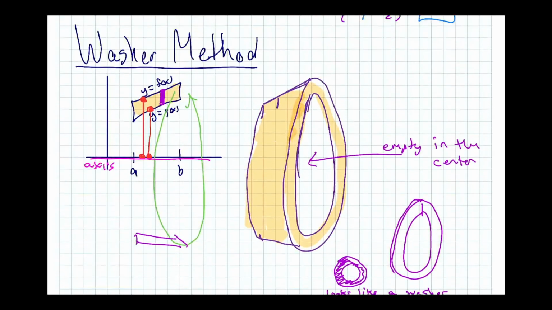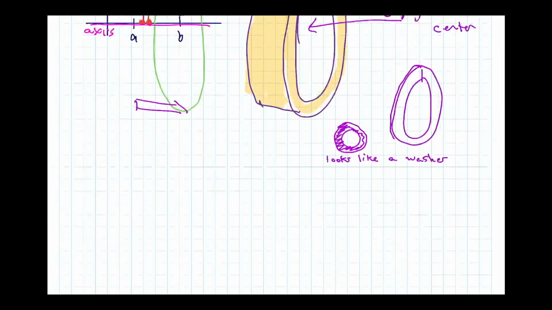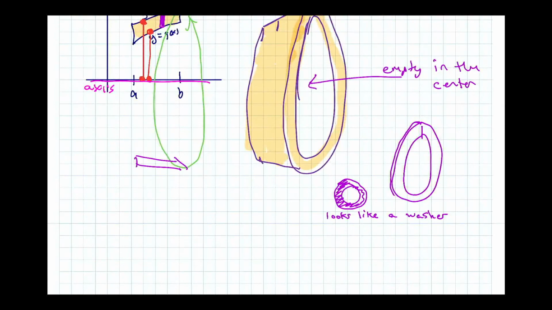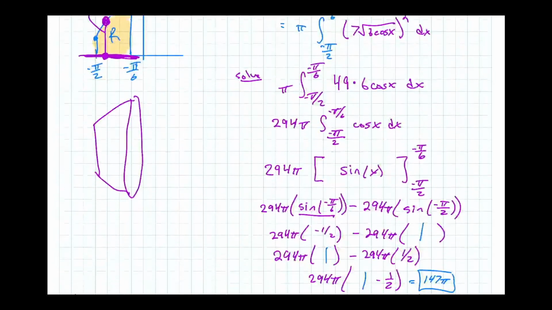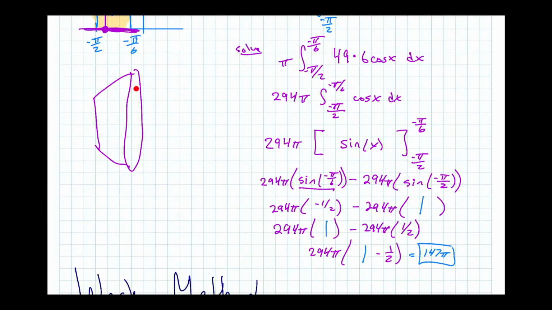If you take one little slice of this, as opposed to the previous method where there was no hole in the center, right? If you did this with no hole in the center, then you get a picture like this, and this right here is a circle we're looking at from an angle.